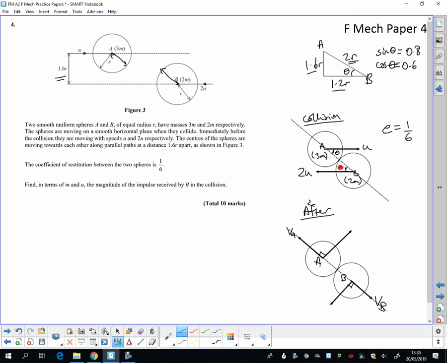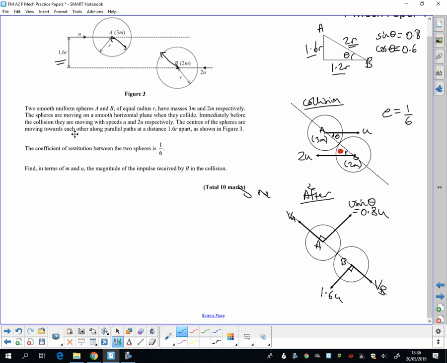Now you don't actually need this for the question, but you can work out that for A, this is going to be u sine theta, which is 0.8u. For B, you're going to have 2u sine theta, so that's going to be 1.6u. Now you didn't actually need those in the question, but you might like to put them in your diagram, work them out for completeness.